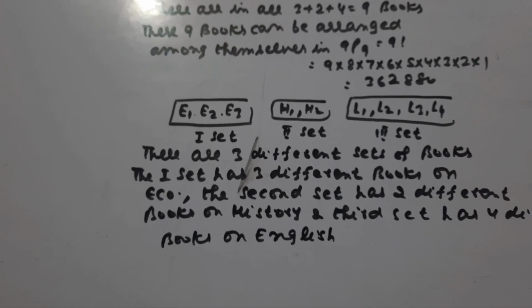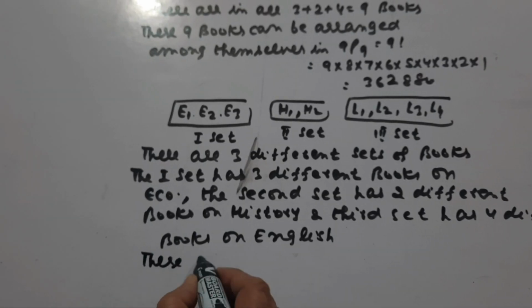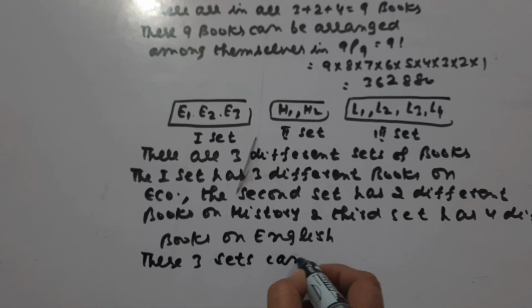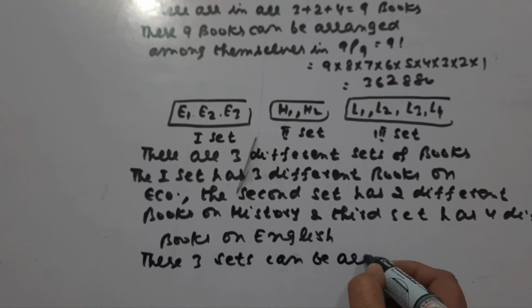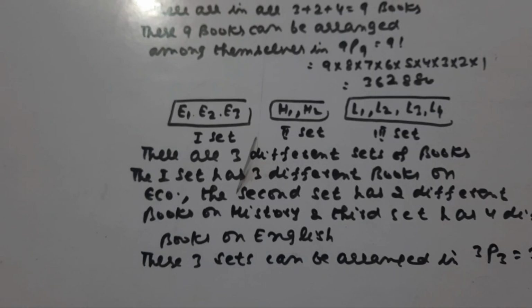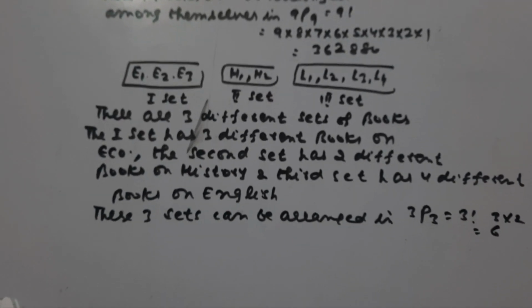So these three sets can be arranged in 3P3 ways. This is equal to 3 factorial, which means 3 into 2, equal to 6. So these three sets can be arranged in 3 factorial ways, means 6 ways.